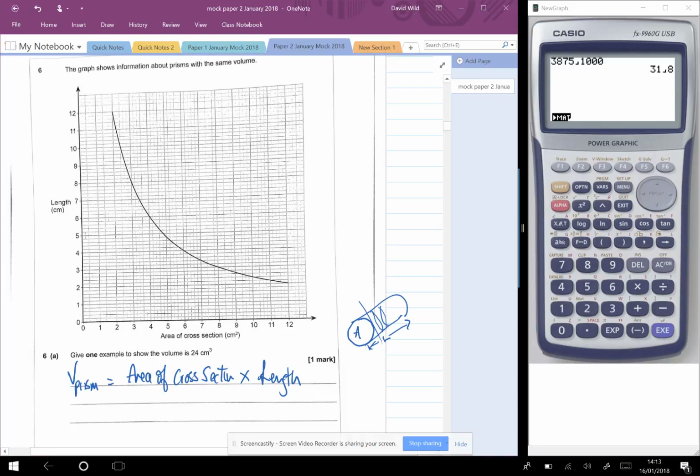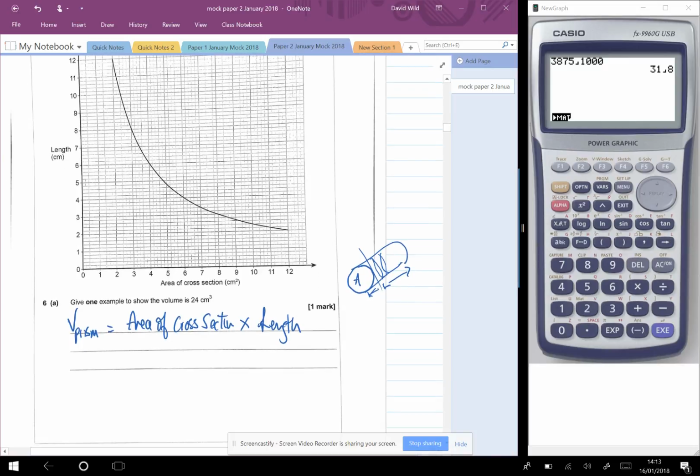So we need the volume, so we want the cross-section multiplied together with the length to give 24. So we could basically pick a factor of 24, maybe 6, for example. And so if we go to 6, we go across, so we want that accurate here.